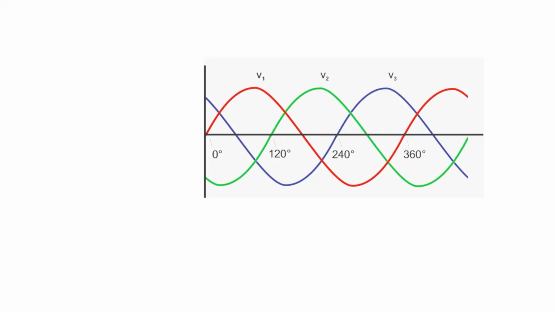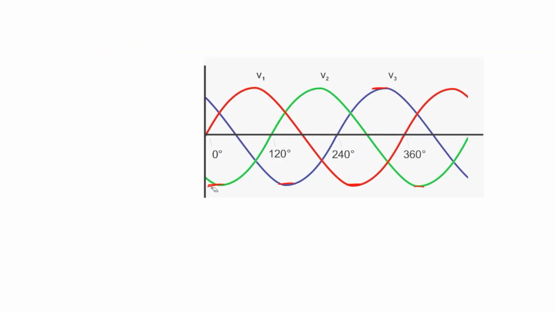This is single phase, a sinusoidal wave. But in case of three phase, the main difference is that you have three sinusoidal waveforms which have the same magnitude and same frequency, and which are displaced by 120 degrees.